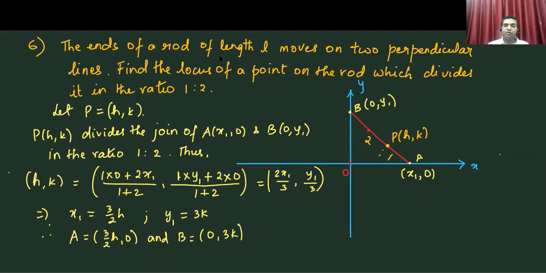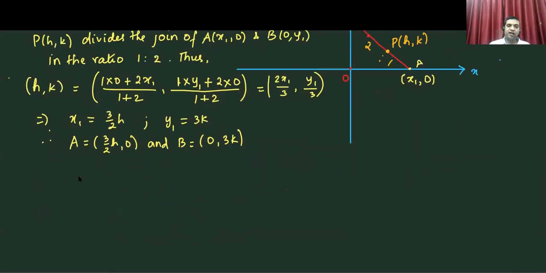Look here, the ends of the rod of length L is given. So AB is equal to L. Therefore AB square will be equal to L square.